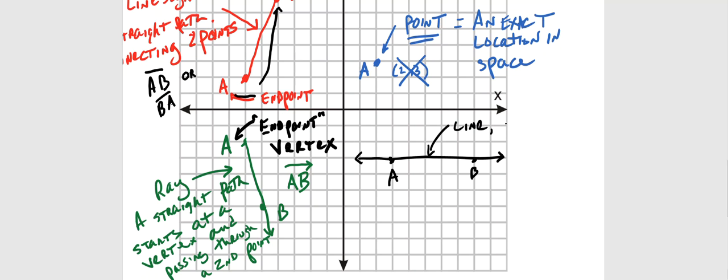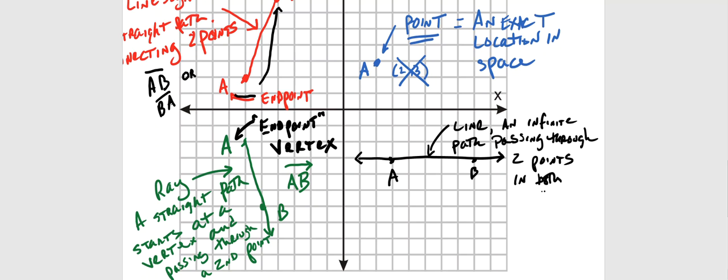So a line is an infinite path passing through two points, and this is really important, in both directions.